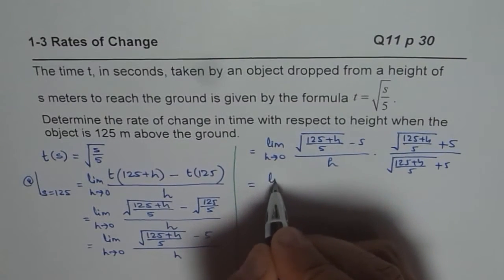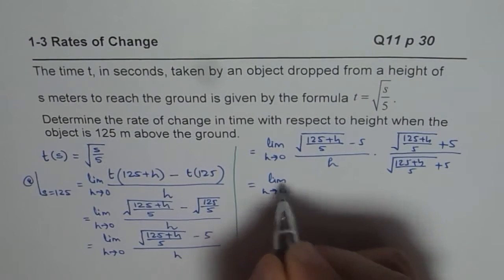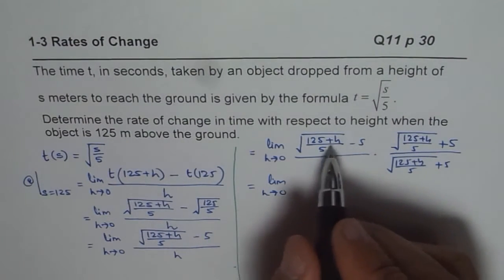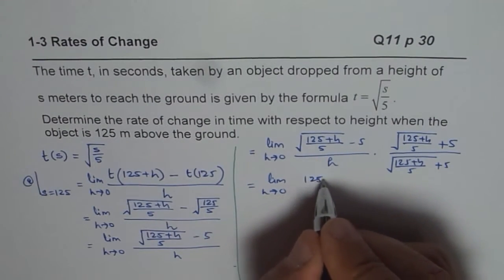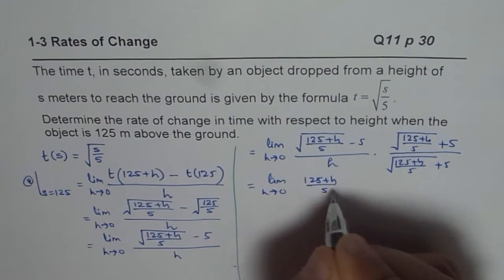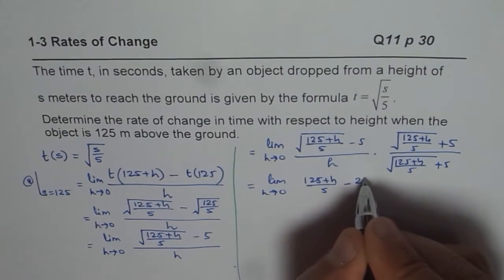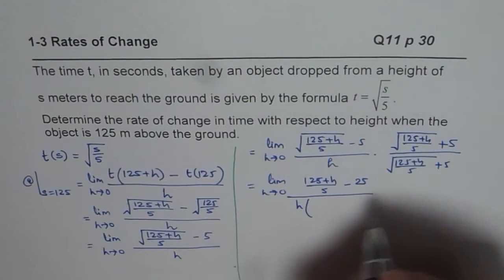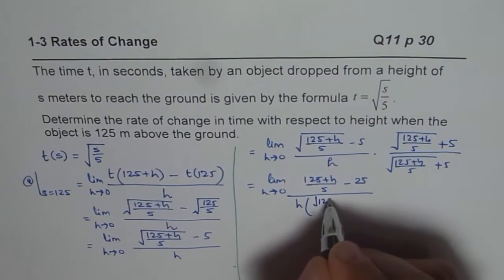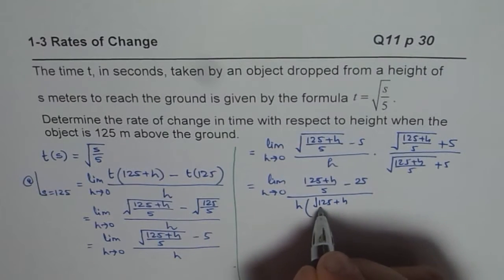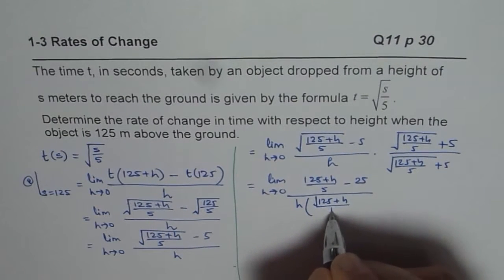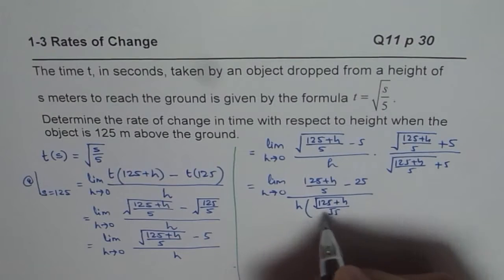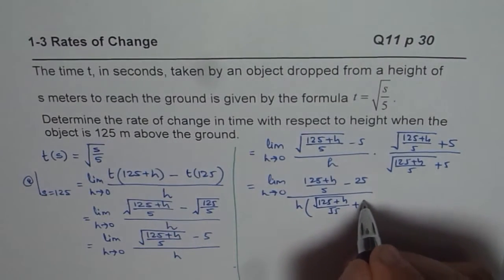So when you rationalize, you get limit h approaches 0, the difference of squares: (125 plus h) over 5 minus 5 squared, which is 25, divided by h times (square root of (125 plus h) over 5, plus 5).